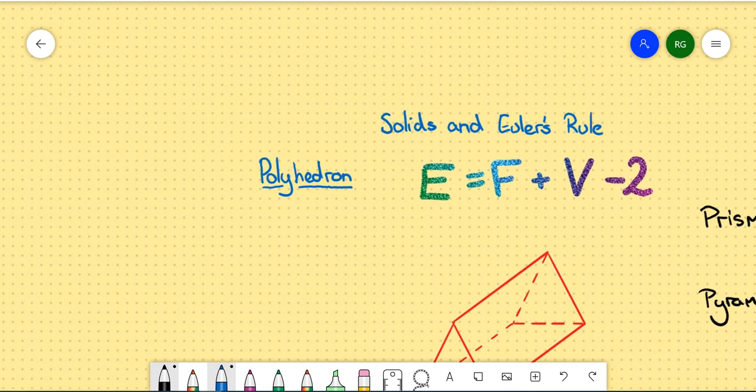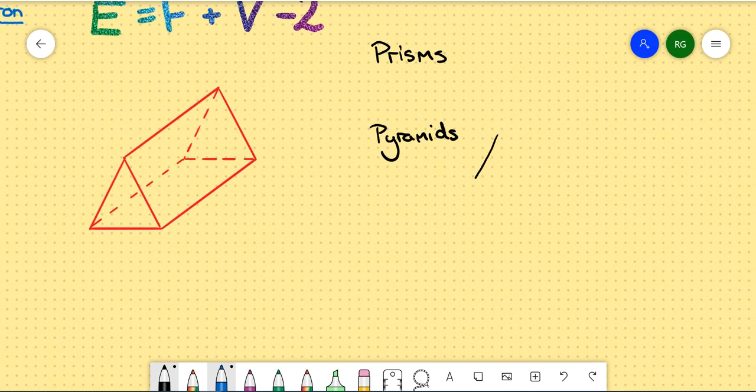Pyramids, as we sort of know, are shaped in the vicinity of something similar to these. You can have a triangular based pyramid that looks like, that isn't a great one.